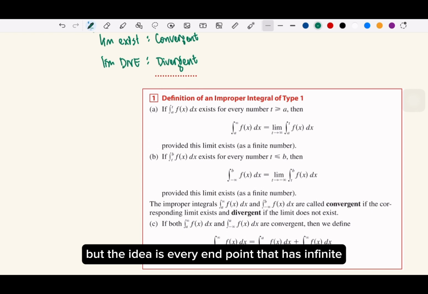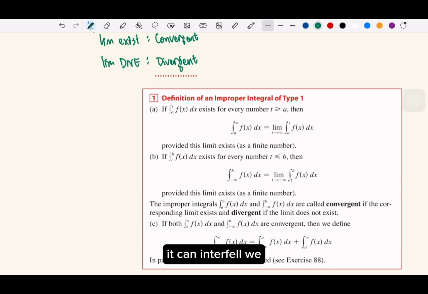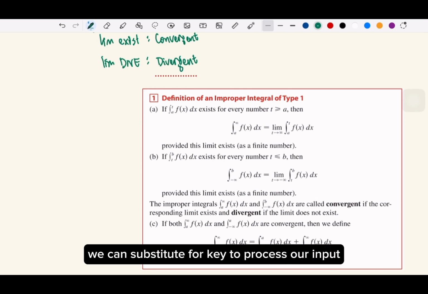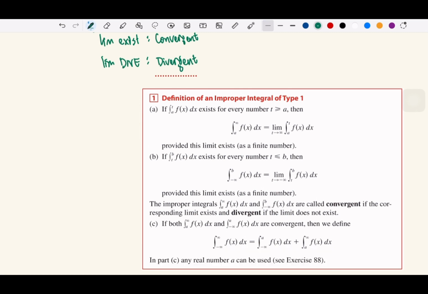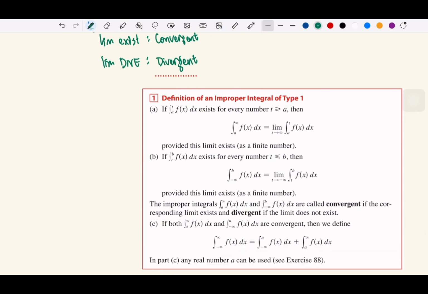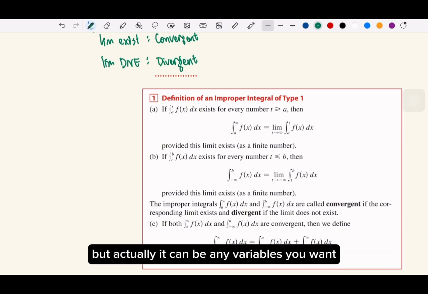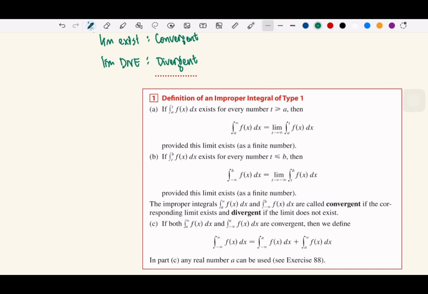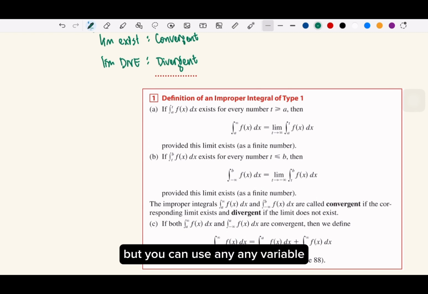But the idea is that every endpoint that has an infinite interval, we can substitute with t to process our integral, and later we take the limit as t goes to infinity. Actually, it can be any variable you want, but technically the textbook uses t.